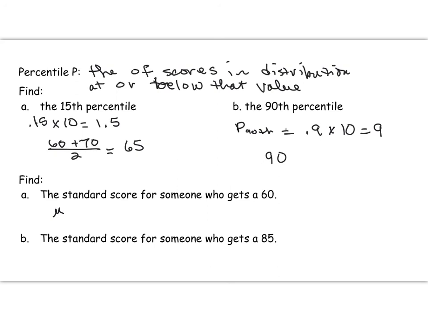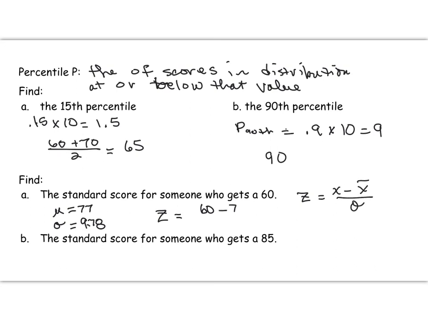From section 3.1, we had a mean of 77, and we had calculated a standard deviation of 9.78 for that data set. So the standard score is going to be our x value, 60. Let me write that formula down again. It's x minus the mean divided by the standard deviation.